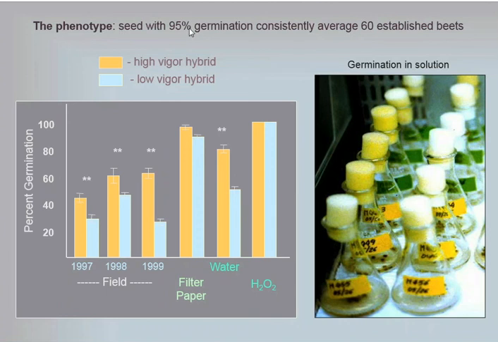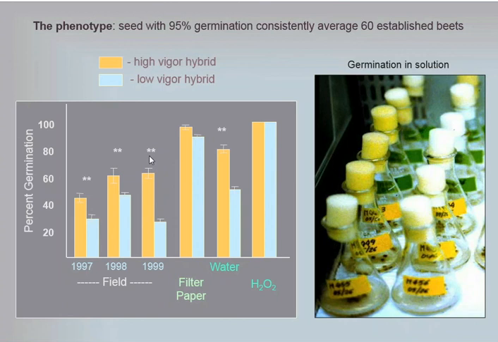Okay, so seed has 95% germination that's planted in the field, and it averages only 60 beets that are established. So that, in essence, is shown here in this graph in the field, 97, 98, and 1999. You can see a high vigor and a low vigor germplasm.